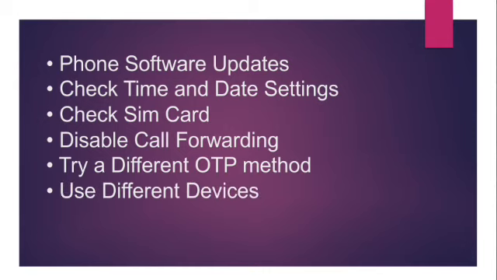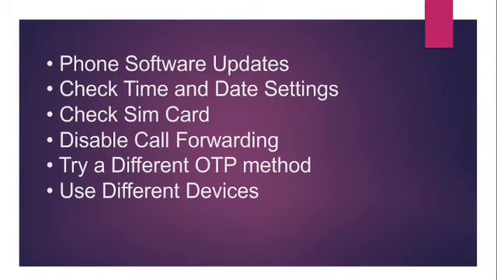Now another thing you can do to fix the problem is to use different devices. If you have two phones and you have tried on one and it's not working, you may want to try on another phone and see whether it will work.